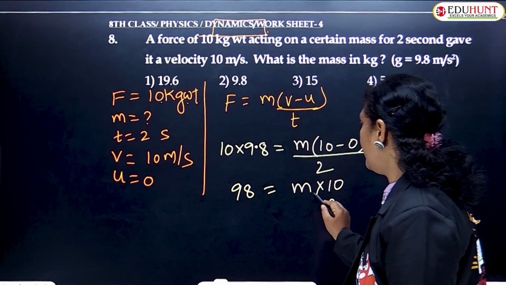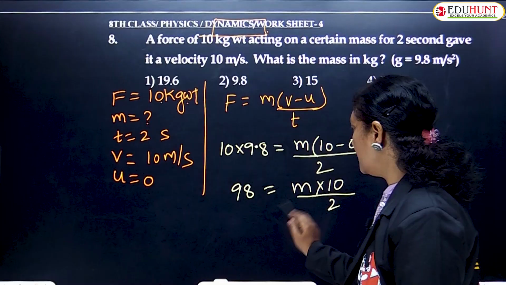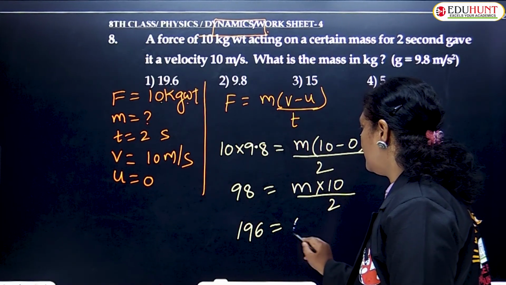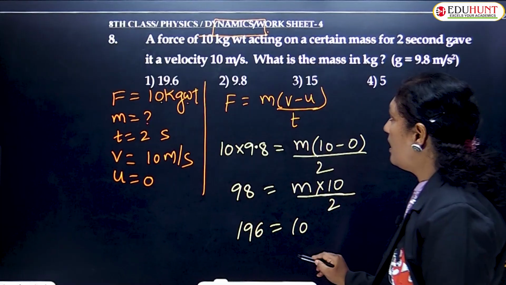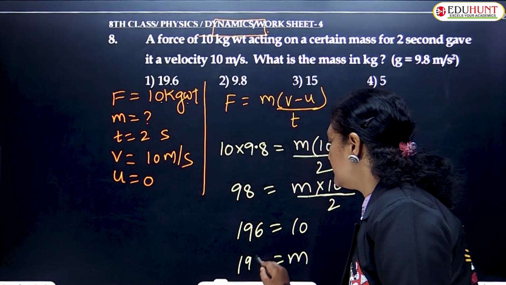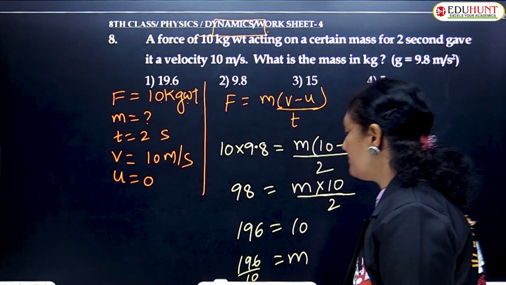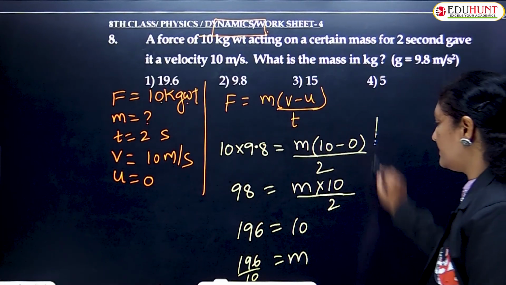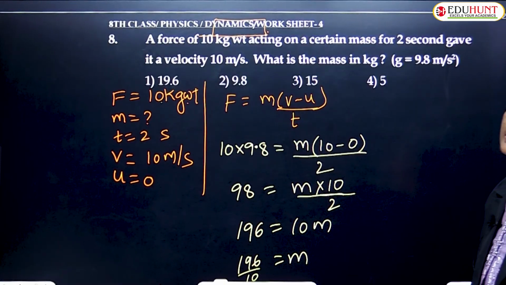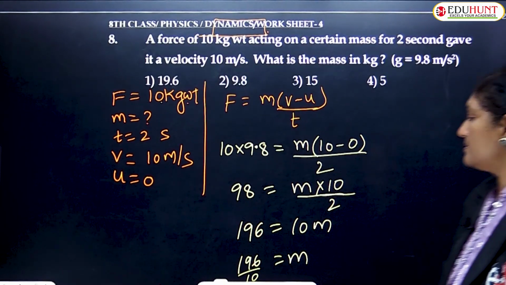Then 98 into 2 is 196, equal to 10 M, or M is equal to 196 by 10. What is the value of 196 by 10? Therefore mass is equal to 19.6.